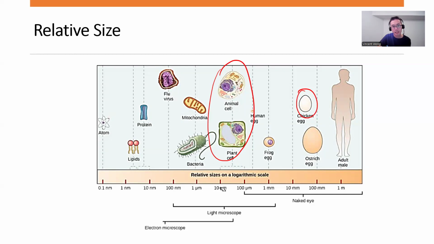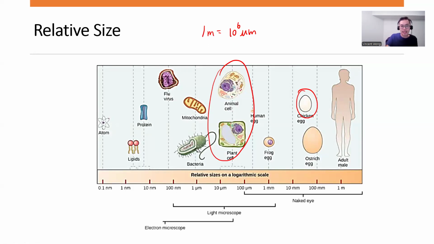So micrometer is this symbol here. I showed you this before. 1 meter has 1 million micrometers. So these are too small to see with the naked eye, and we need to use a microscope to help us see it better. Organelles are even smaller. They are found inside these animal cells or plant cells, and they have various functions, and they are as small as 1 micrometer compared to, say, 50 micrometers for the entire cell.